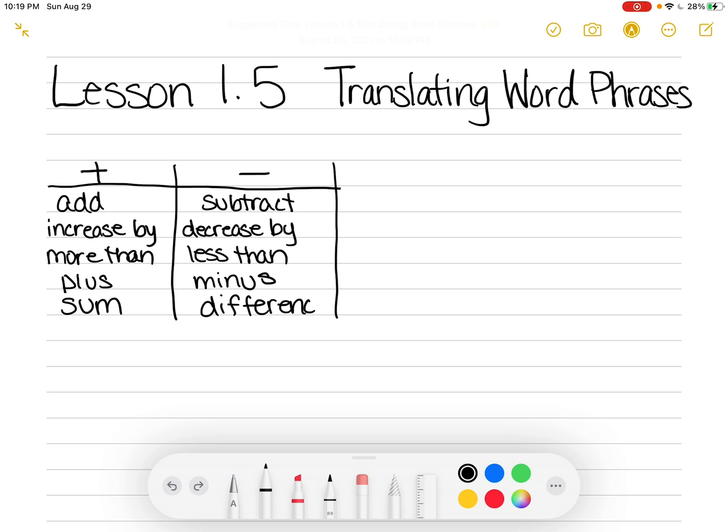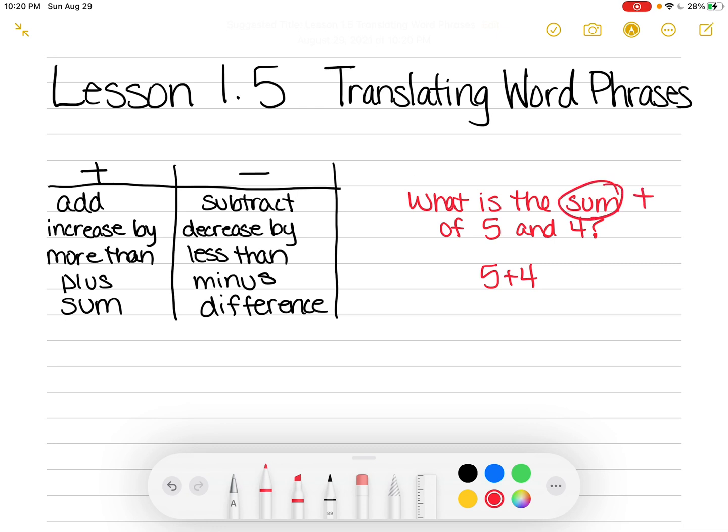I'm going to put it in red. Okay, so red means you don't have to write this. What is the sum of 5 and 4? Okay, if somebody said that to you, that meant they're asking you what's 5 plus 4. Okay, so sum means plus. And if somebody said what's the difference between this and that, then the difference would mean subtraction, right?